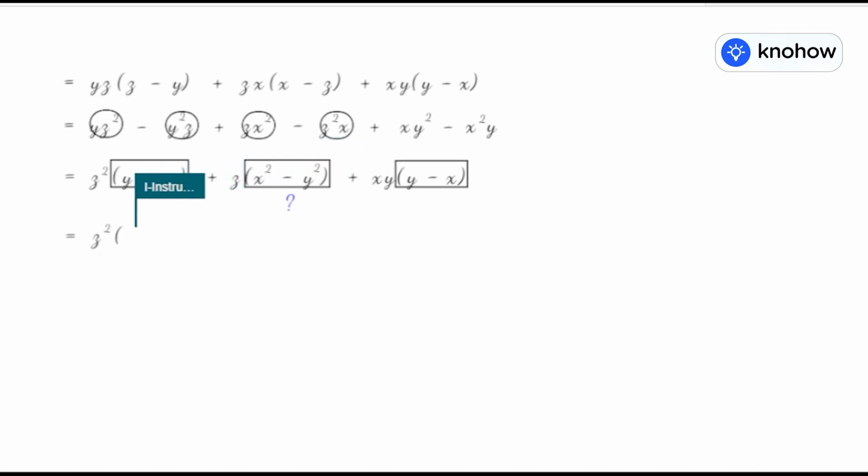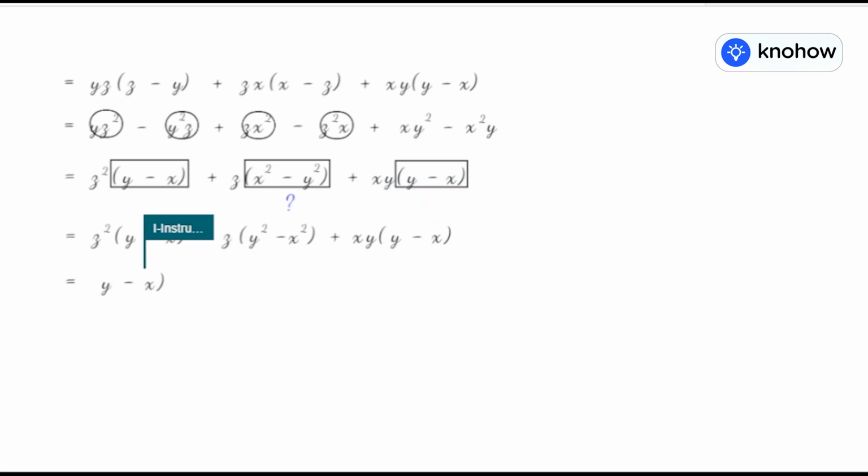Z square times Y minus X, take a minus sign common to make it Y square minus X square, plus XY into Y minus X. So now you clearly have two factors, Y minus X and Y plus X. Taking Y minus X common throughout, you get Z square minus Z times Y plus X, or X plus Y, and plus XY.